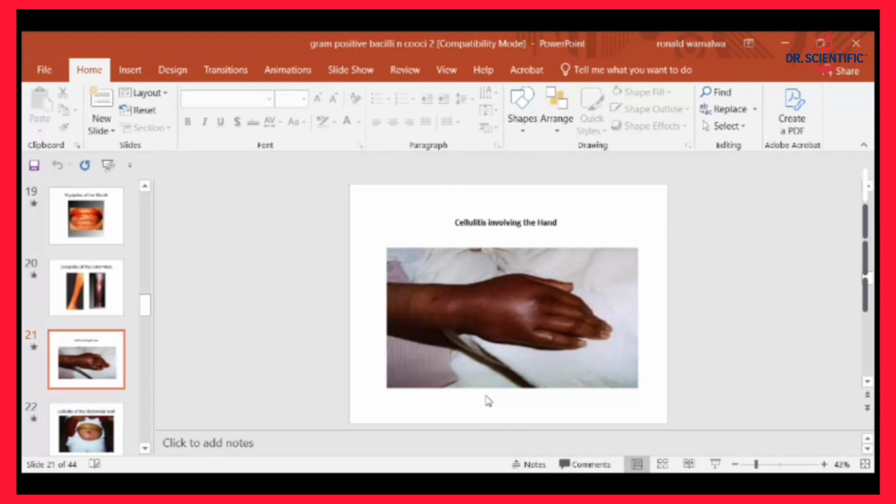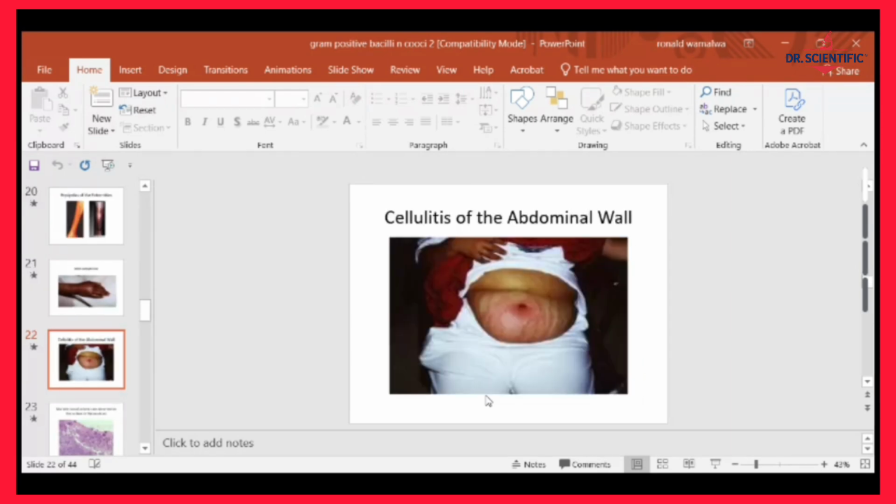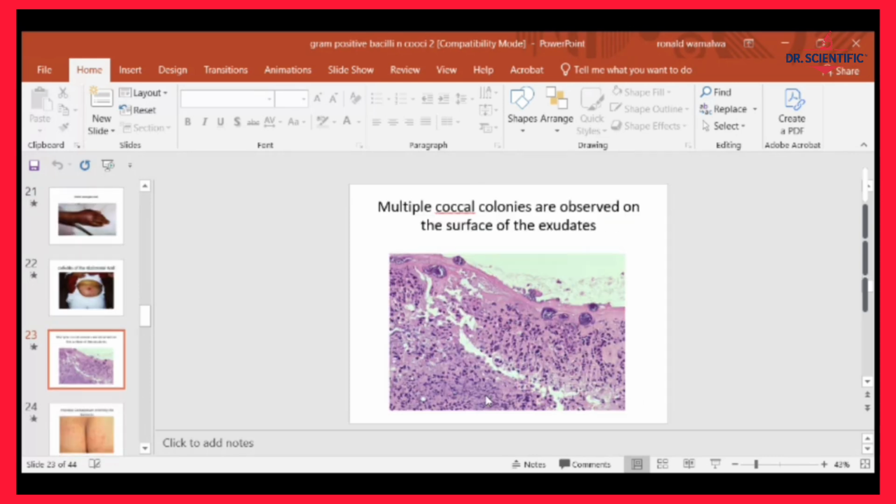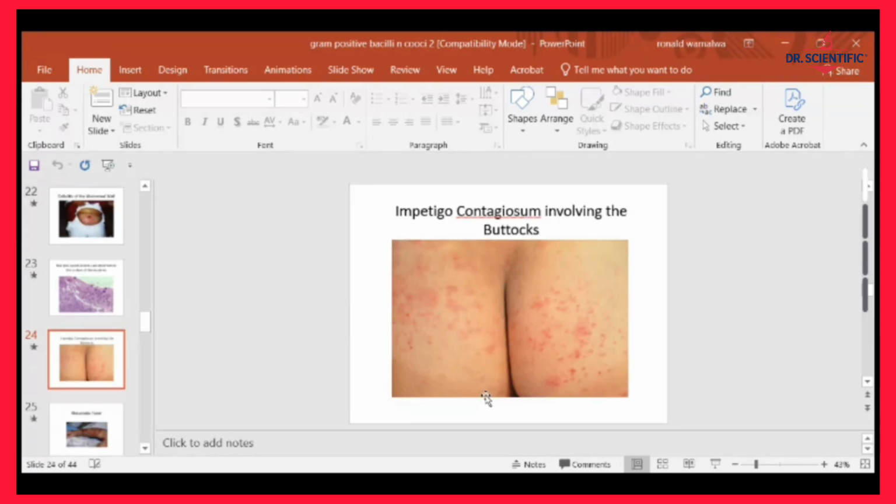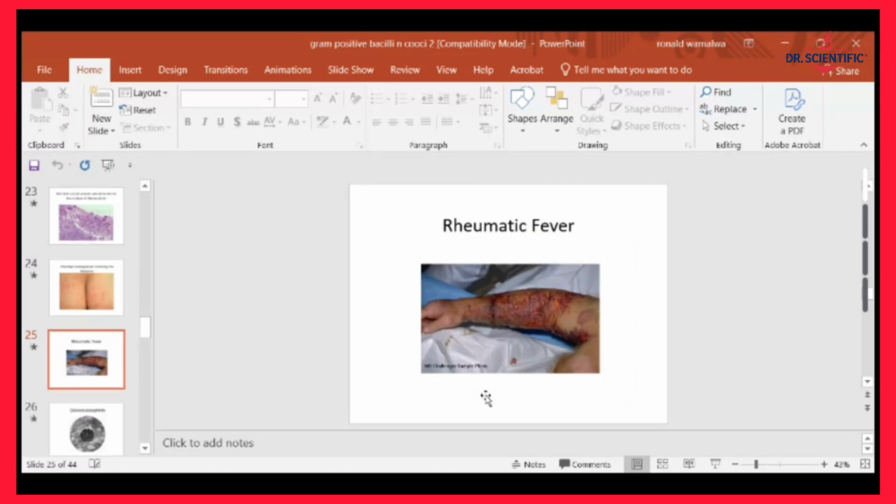That inflammation of the cellulitis involving the hand, cellulitis of the abdominal wall, multiple coccal colonies observed on the surface of the exudates, umbilical infection involving the buttocks still being caused by Staphylococci bacteria, rheumatic fever, a very serious fever, high fever, and it burns the skin.